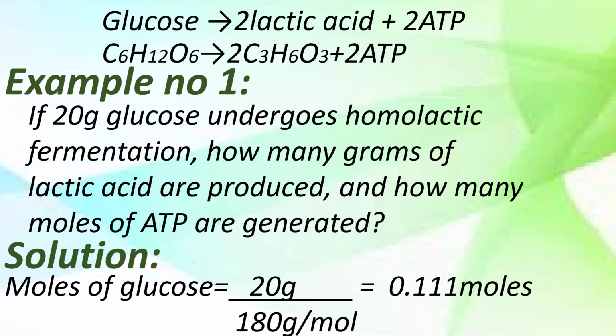Solution. First we will calculate moles of glucose, that is 20 gram, already given in the example, divided by 180 gram per mole, which is the molecular weight of glucose. After solving, moles of glucose is calculated to be 0.111 moles.